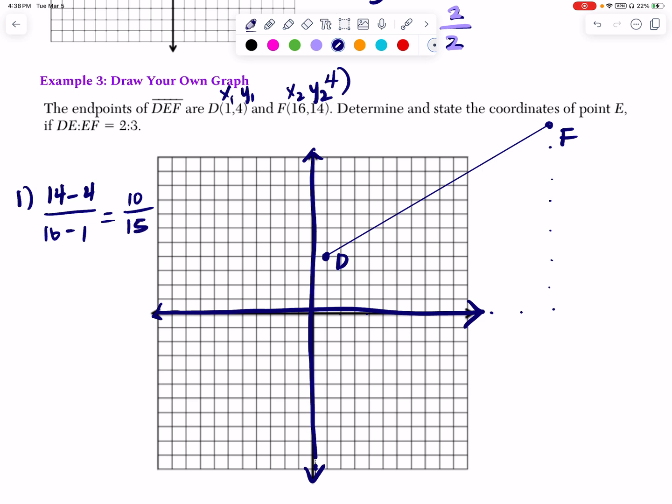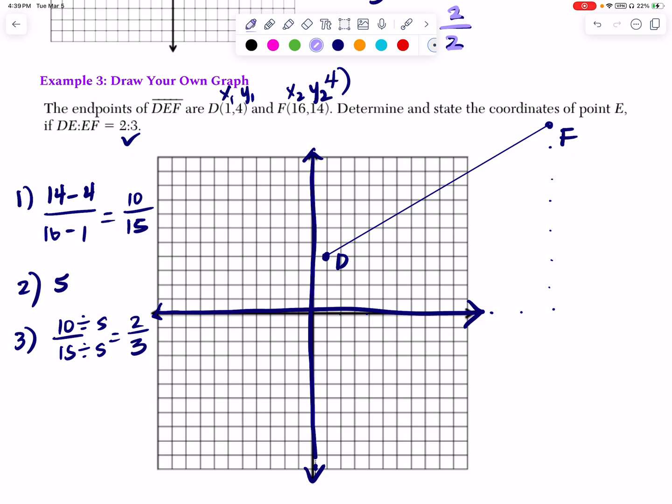That's the slope. I'm going to find the total, adding the numbers in the ratio together, which is 5. And then I'm going to divide the rise over run by the total. 10 divided by 5 and 15 divided by 5, so I get 2 over 3. And this is my new slope.